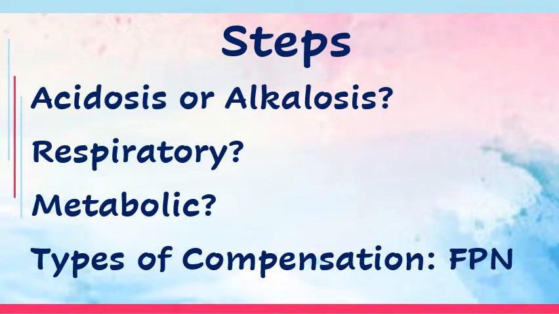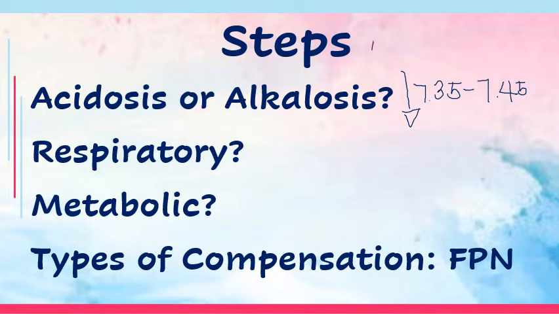The first step is for us to know if it is acidosis or alkalosis. How do we go about this? Recall that the normal value of pH that you have just memorized is 7.35 to 7.45. If the value of the pH is lower than 7.35, it is referred to as acidosis.